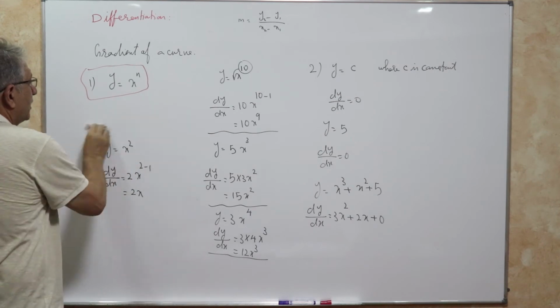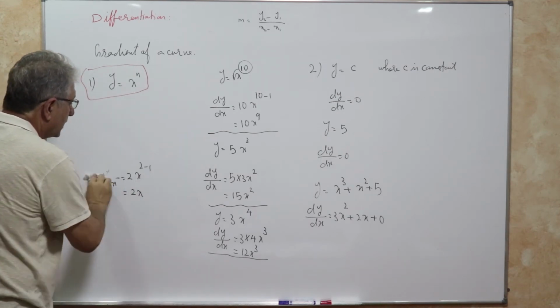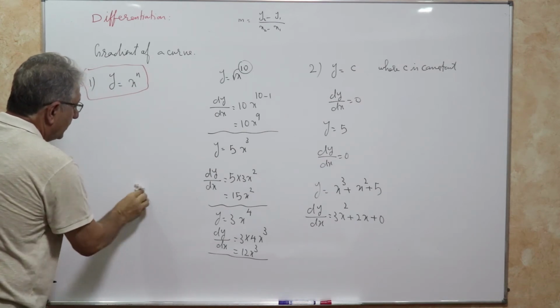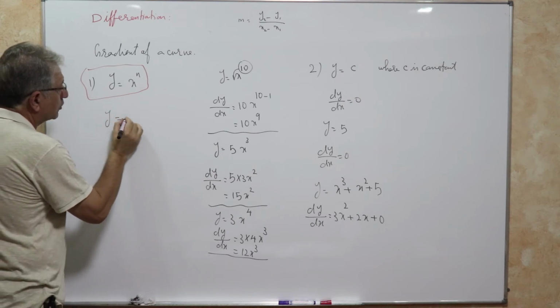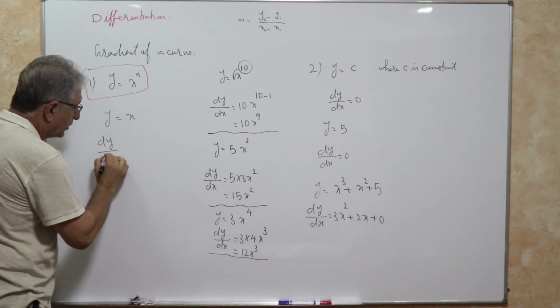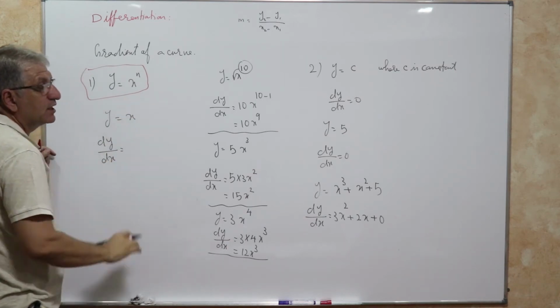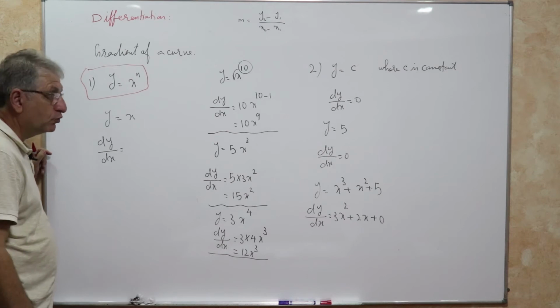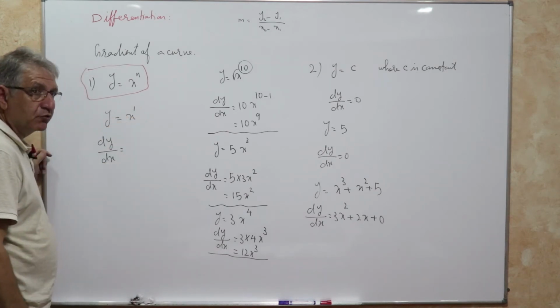Okay, I will give another example which students usually get confused with. Suppose I have y equal to x. What is dy by dx? First of all, remember when there is no power, we mean the power is equal to 1. Therefore, this is actually 1 here, which we are not writing.